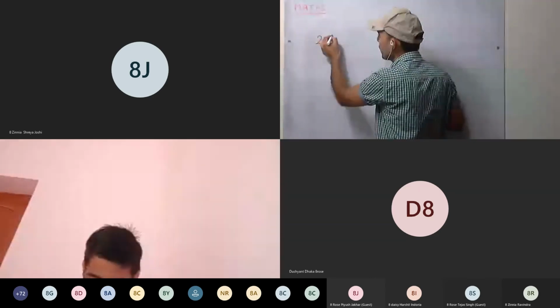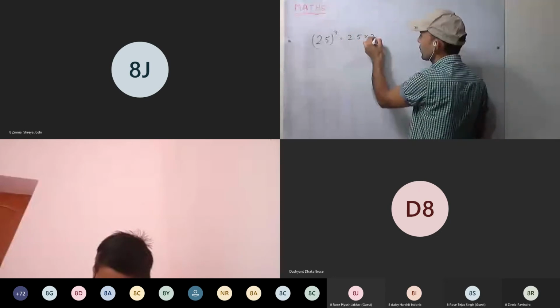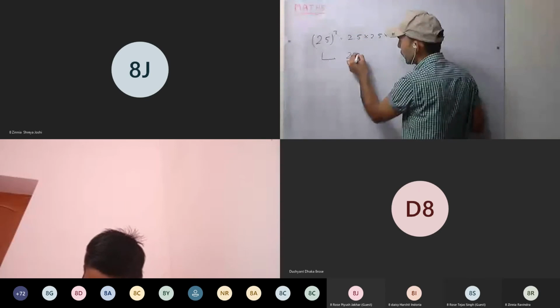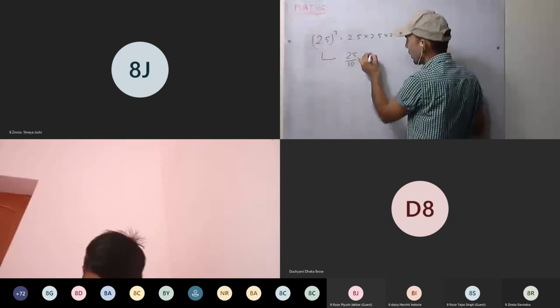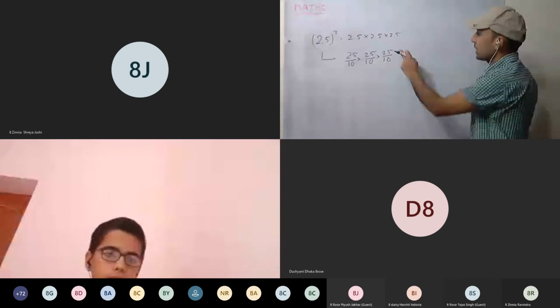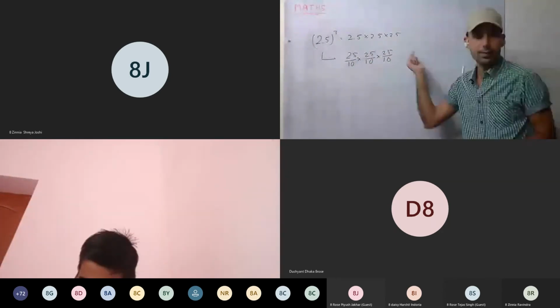So 2.5 the whole cube. Either you can multiply 2.5, 2.5, 2.5, or 25 upon 10 into 25 upon 10 into 25 upon 10. So multiply the numerators. Again, we can put the decimal, three decimal places.